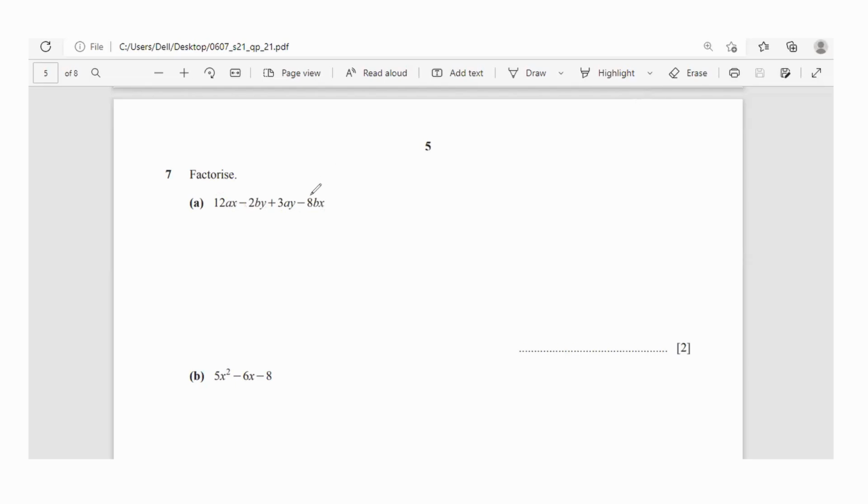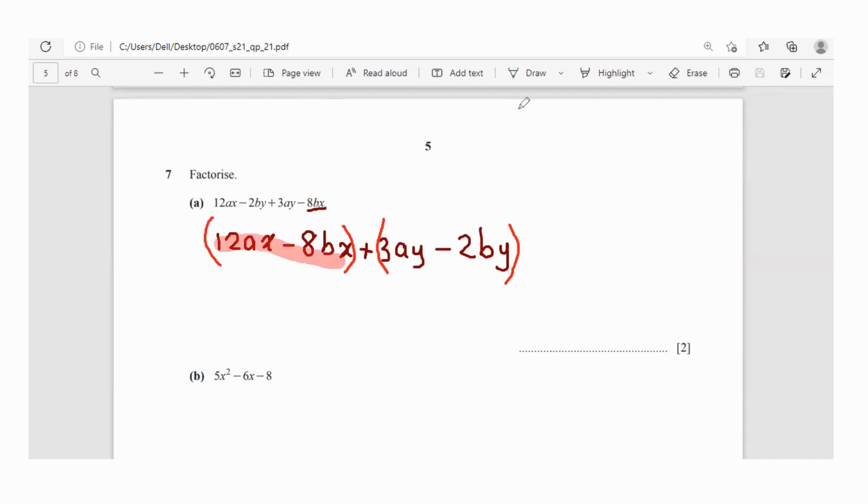I'm going to rearrange the question: 12ax, and I'm going to bring this negative 8bx here, and then plus 3ay and negative 2by together. Now when I put them into brackets this way, do I have anything in common now? Look at the first expression. Do you have anything in common in the first expression?